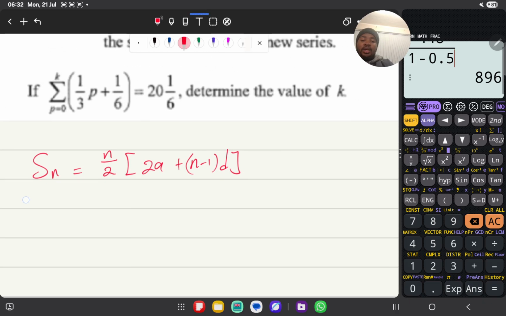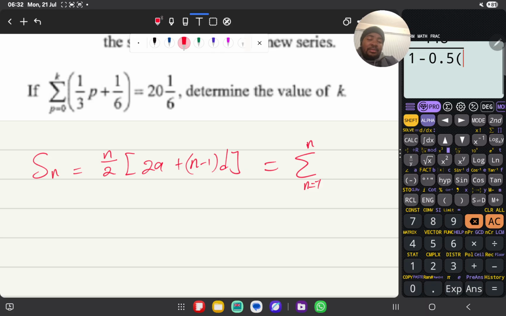And what this formula means is that you are going to add from n equals to 1 to the last value.